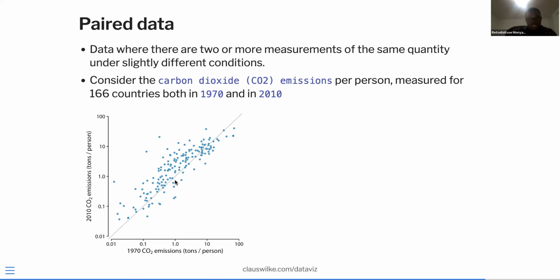However, if you check here, the data is systematically on top, which would suggest that for most countries, their CO2 emissions have increased from 1970 to 2010. This is another plot that I don't think I use a lot, but it was good to come across.